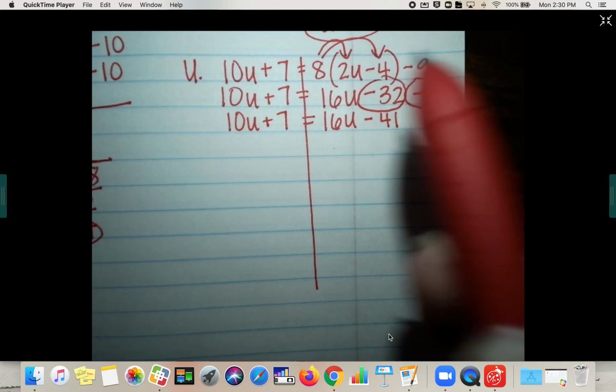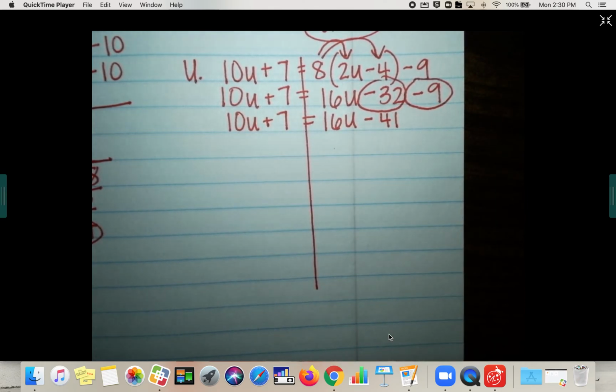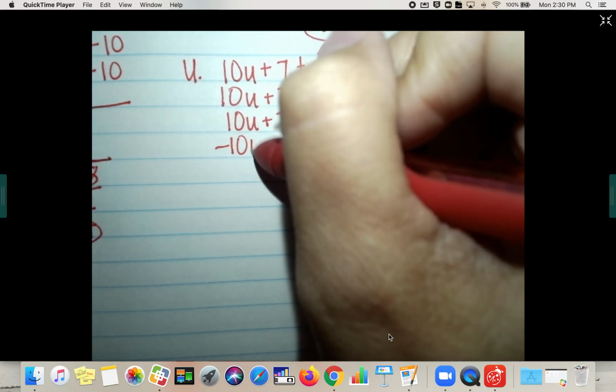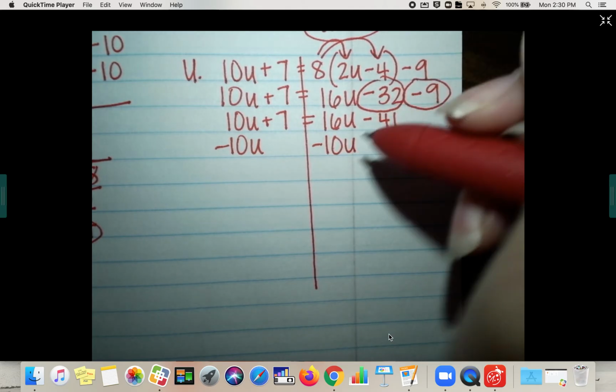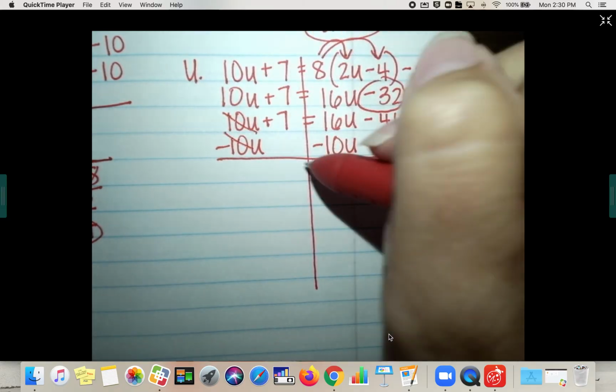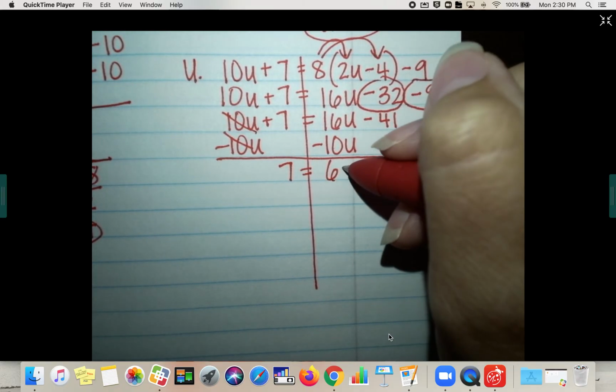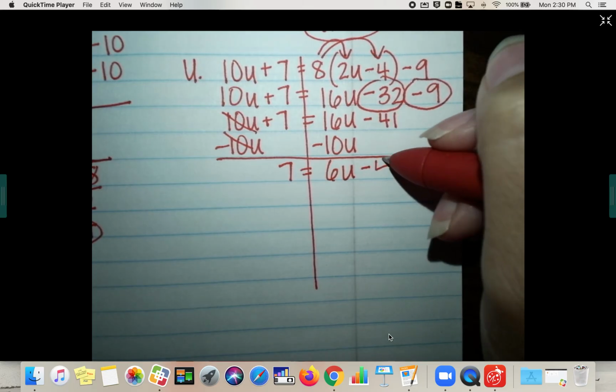Okay, I've got to move one of the variables to the other side. I'm going to move the 10U by subtracting it. All right, that leaves 7. 16 minus 10 is 6U. Bring down your negative 41.